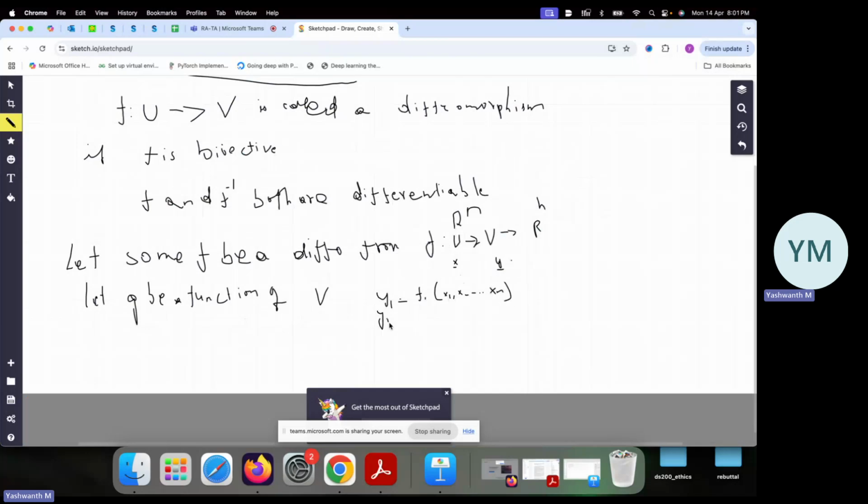And Y2 can be written as f2 of x1, x2, and so on, xn, and so on, Yn is fn of x1, x2, and xn.